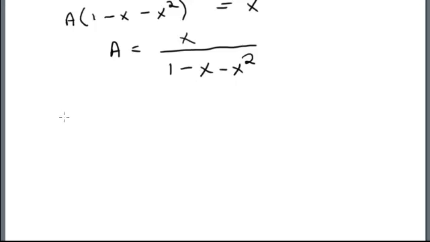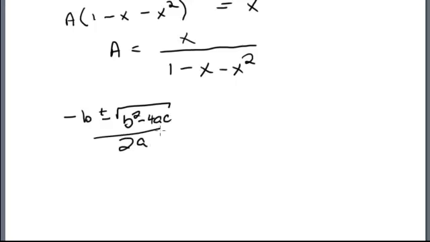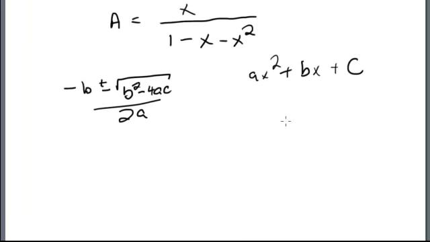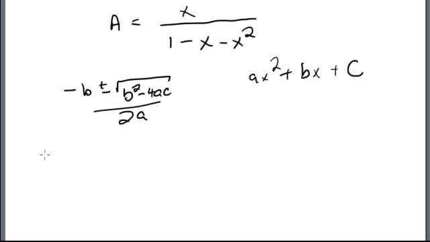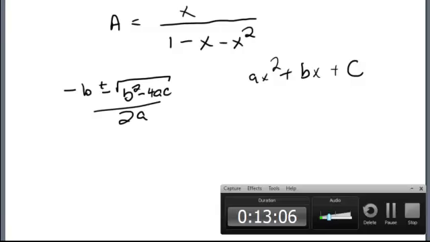It's negative b plus or minus the square root of b squared minus 4ac, over 2a. I think that's the quadratic formula, I have to double check. That's where you get ax squared plus bx plus c. Now let's see if I can compute those.